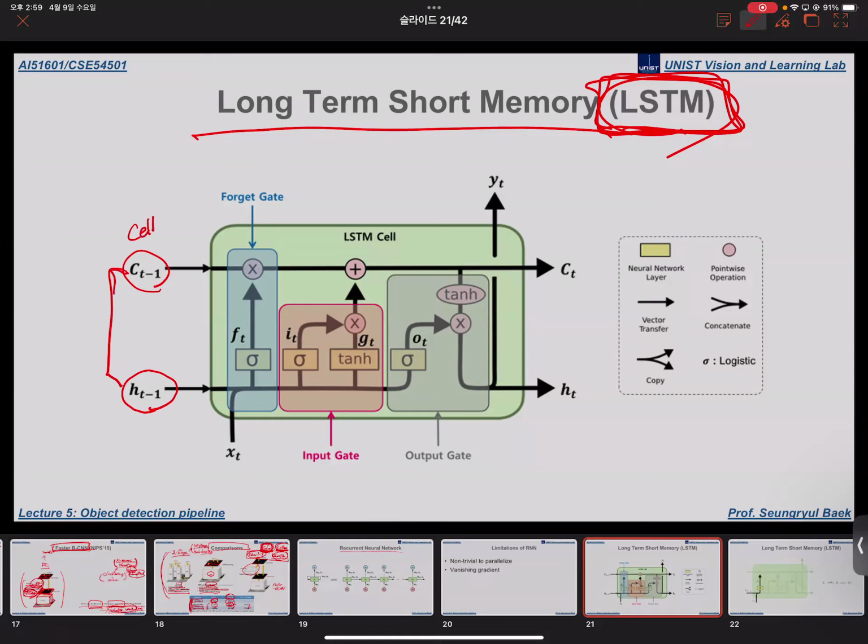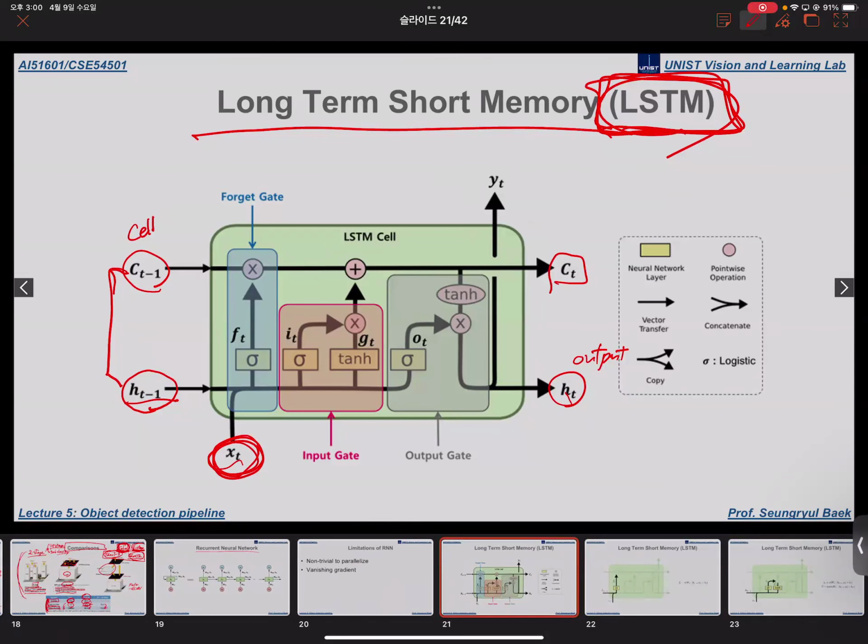This is called the cell, and this is called the hidden state, which we regard as the output. And this we regard as some contextual information transmitted from the previous layer, and this is the input for that time step. Here Y_t is the output, but they are almost the same.